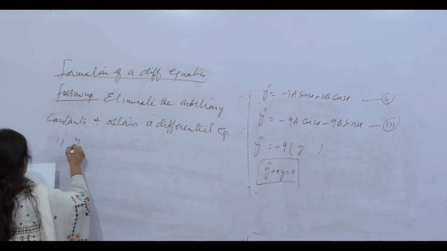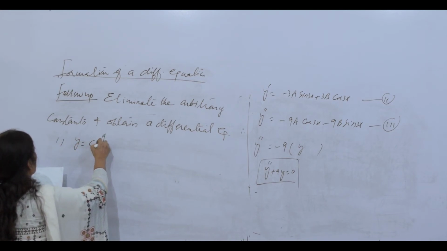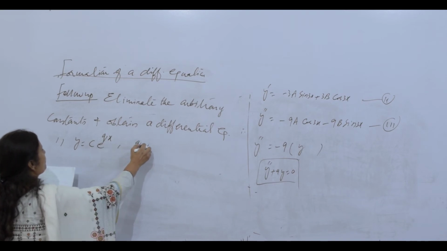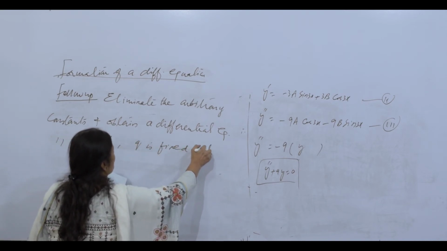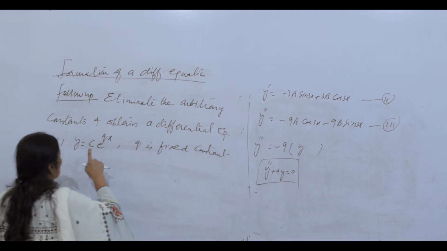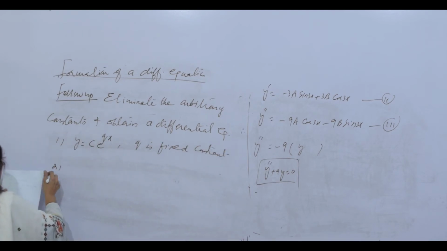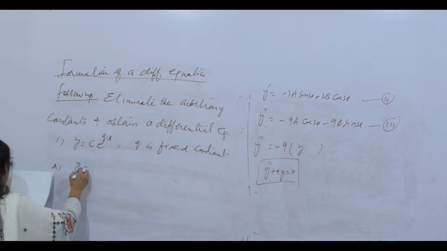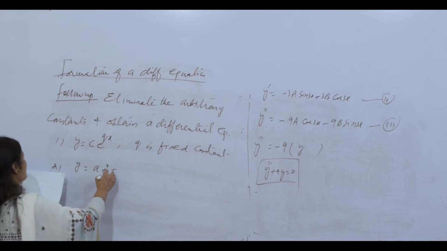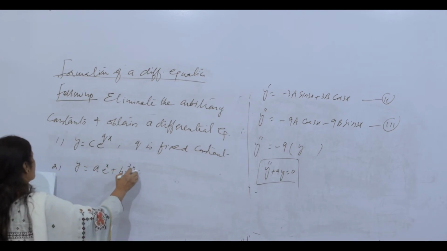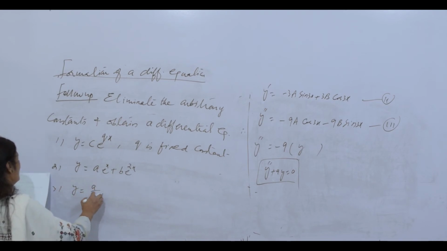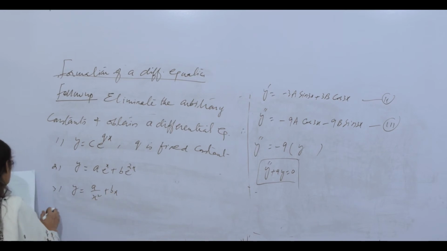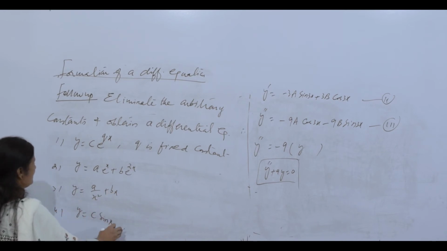Number 1, y is equal to Ce^(qx), where q is a fixed constant. So it means you have only one constant C. Number 2, y is equal to Ae^x plus Be^(2x). Number 3, y is equal to A over x squared plus Bx. Number 4, y is equal to C sin x.